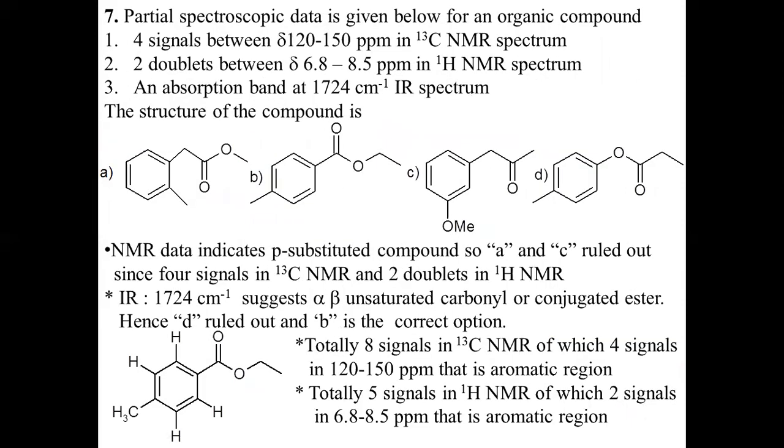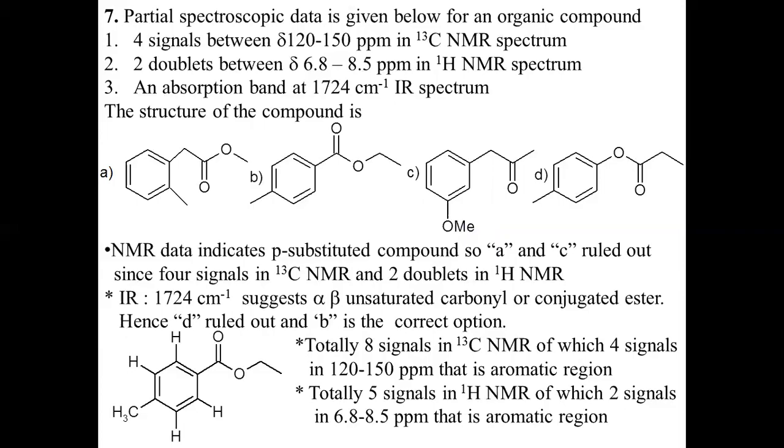Next, question number 7. Partial spectroscopic data is given below for an organic compound. Here they haven't given you each and every value. They have given just 4 signals in this region. That means you have 4 signals in the aromatic region and 2 doublets in this region.